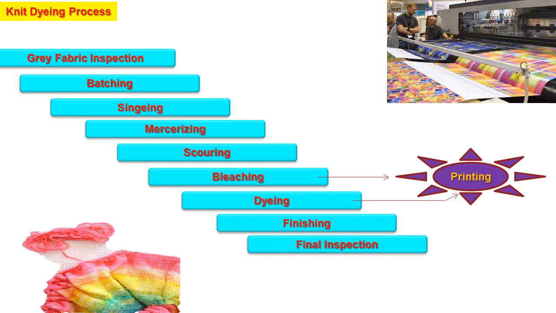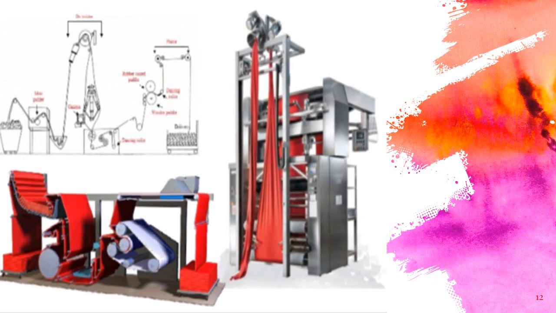The finished goods are subjected to final inspection before the goods are delivered. These are some of the machines that are used for knit dyeing processes.